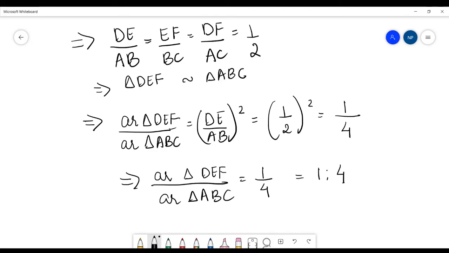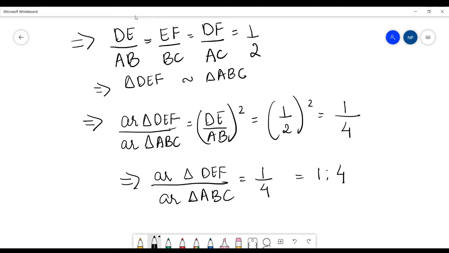This completes your question. As we all know by theorem 6.6, the ratio of the areas of two similar triangles is equal to the square of the ratio of the corresponding sides. Here we proved that the two triangles are similar.